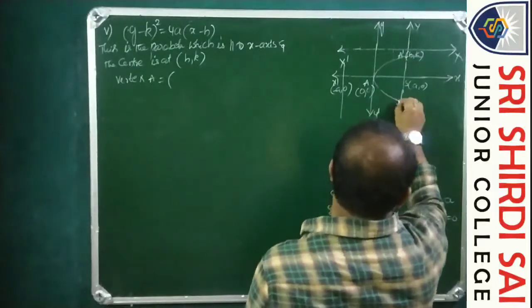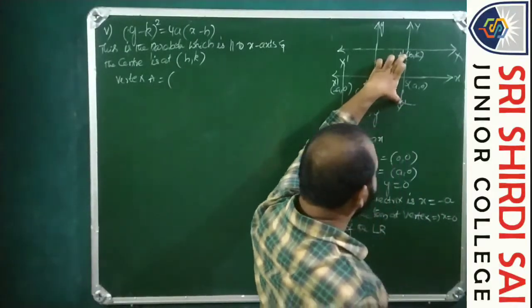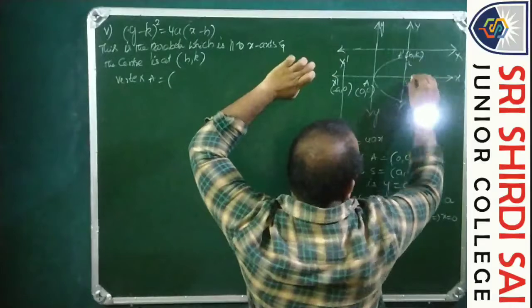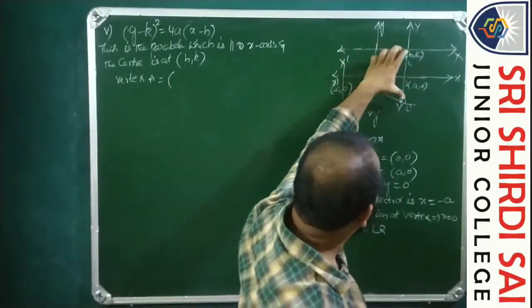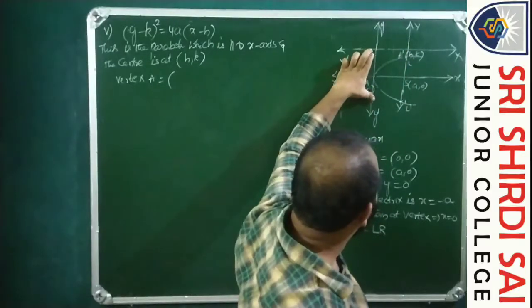And the equation of the latus rectum: this is L, this is L dash. This is the line which is parallel to the y-axis.